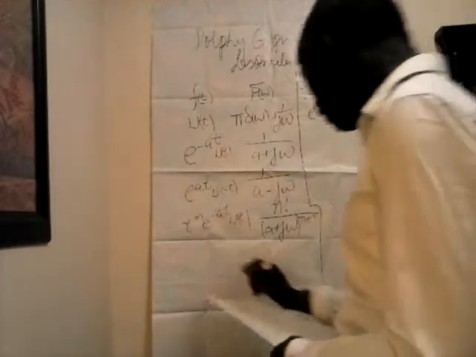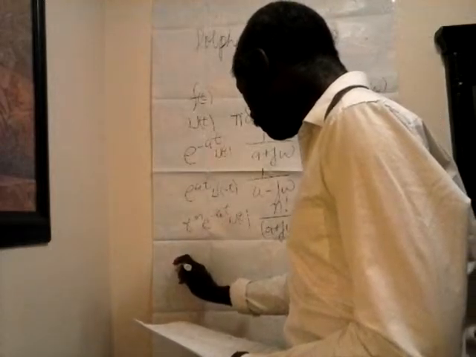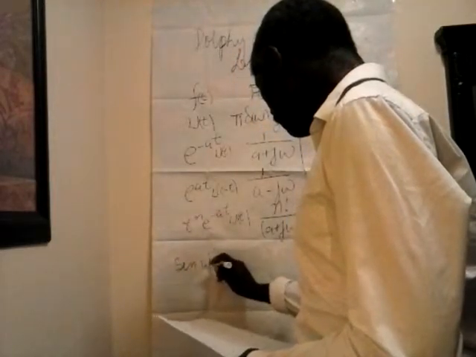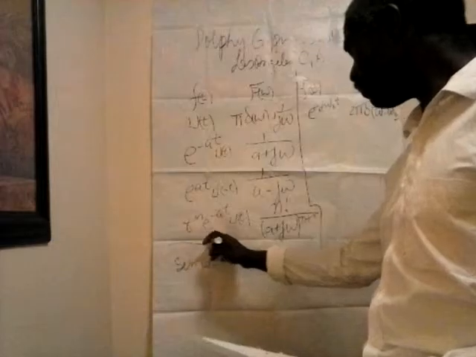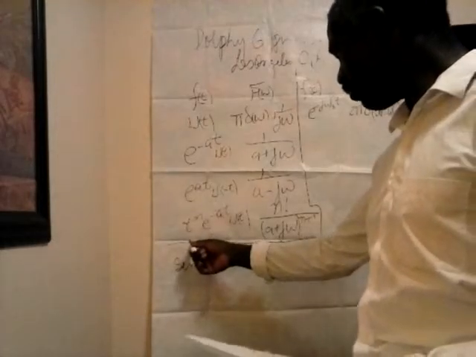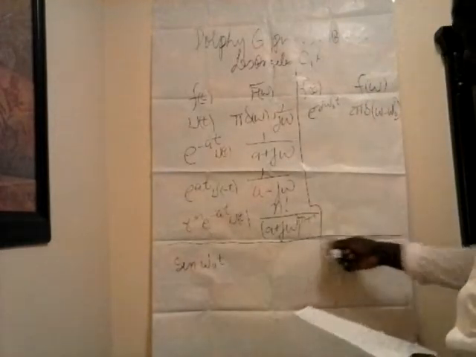And for sine omega 0 t, let's try to write out that as f of t over here and F of omega over here, because the sine will take up a lengthy space.